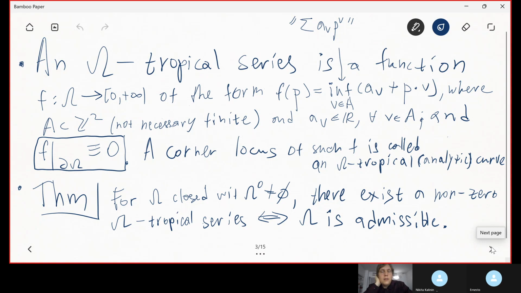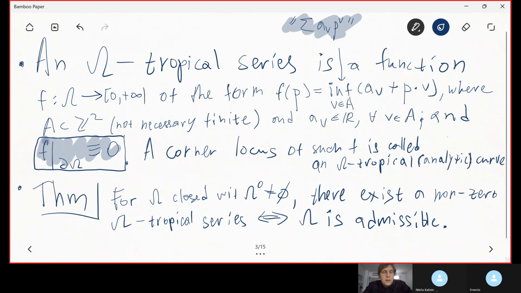And you can think of this expression, the infimum of a_v plus pv, as an analog of a potentially infinite Laurent polynomial, or Laurent series. Maybe not even necessarily Laurent, just a polynomial series. And what's crucial in this definition is that the restriction of f to the boundary is 0.